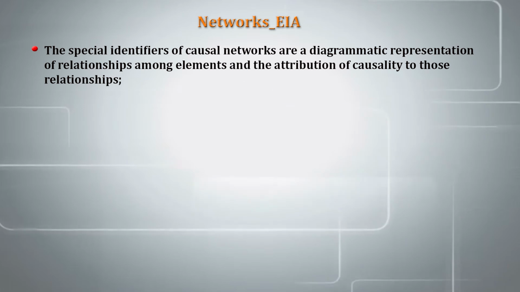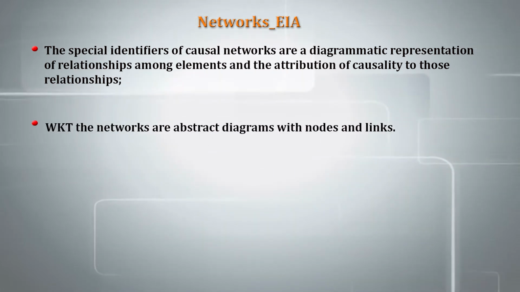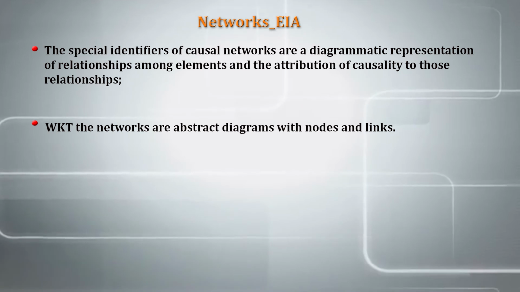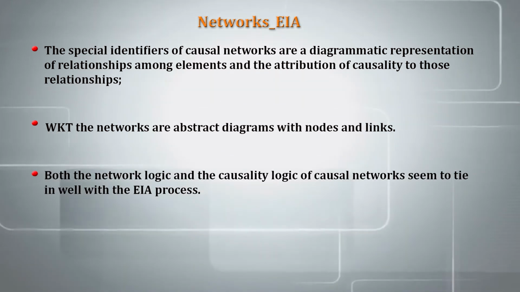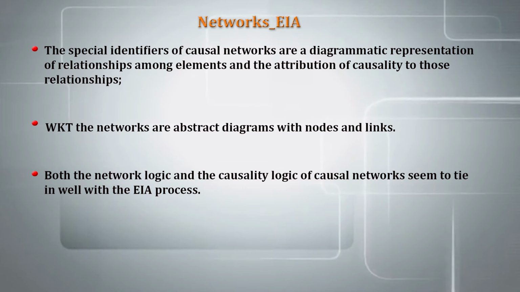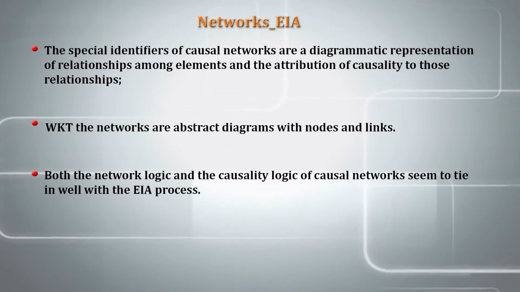These are the basic things. So we know that networks are basically abstract diagrams with nodes and links. Both the network logic and causality logic of causal networks seem to sync well with the EIA process.